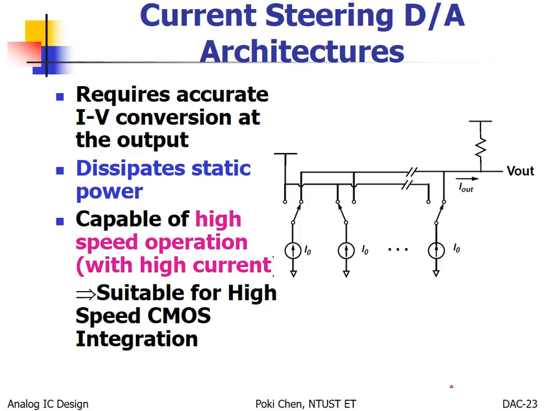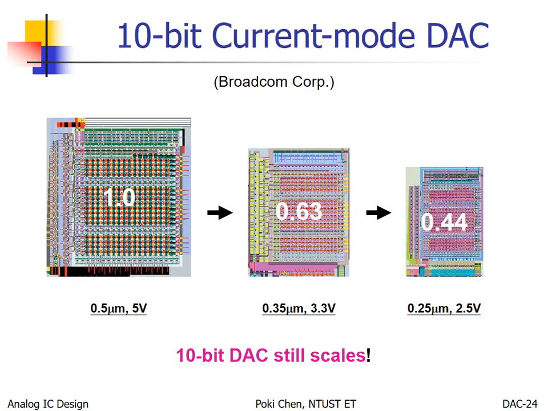Current steering DAC, that is the highest speed for highest speed operation, but nothing is free. You need to pay power. Okay? This structure provides you the most speed, but again, it consumes the most power than all the others. All right?